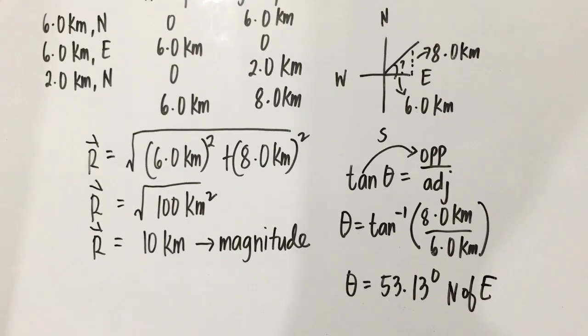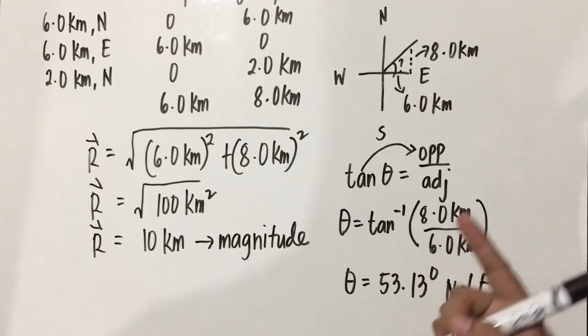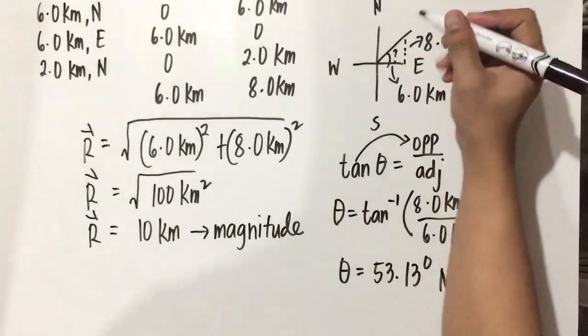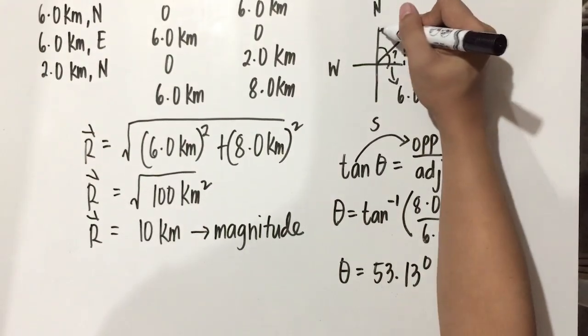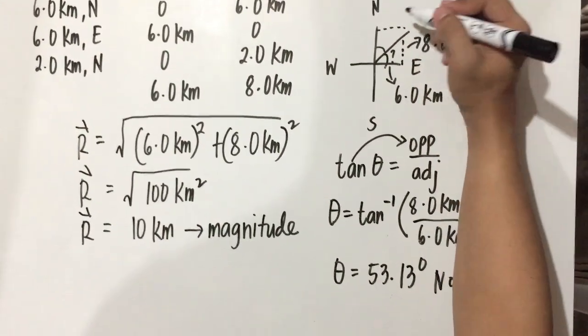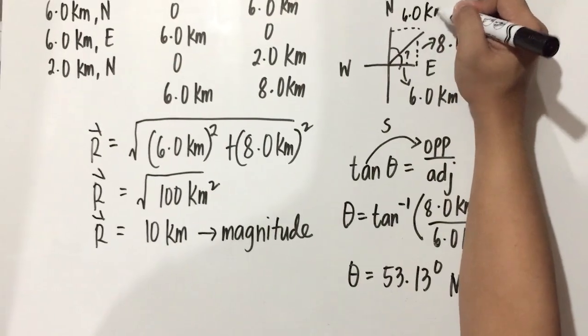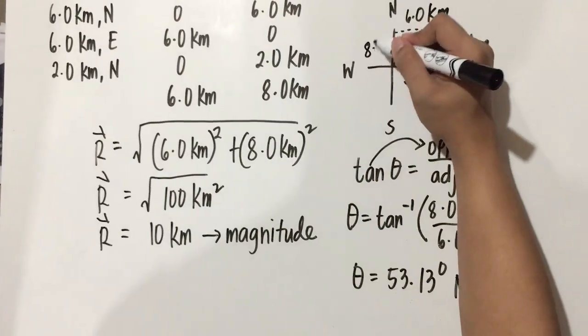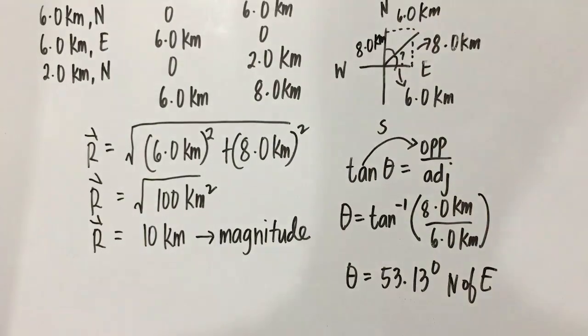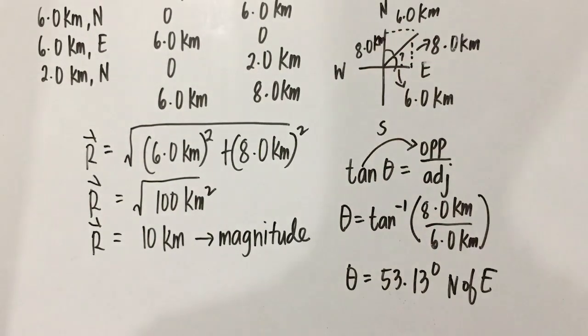Now we can have another direction, because we don't know exactly where this value is located. So we can look for the other side of the first quadrant. That becomes 6.0 kilometers, your x component, and 8.0 kilometers for the y component.